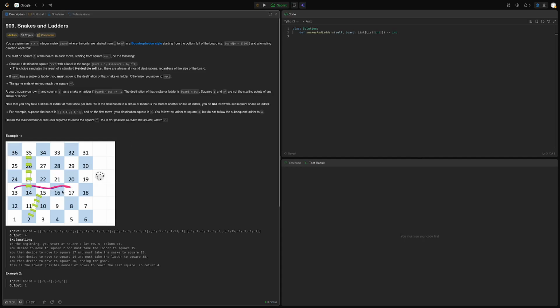Snake means you go backwards, and ladder means you jump forward, I guess. And then the board is 0.